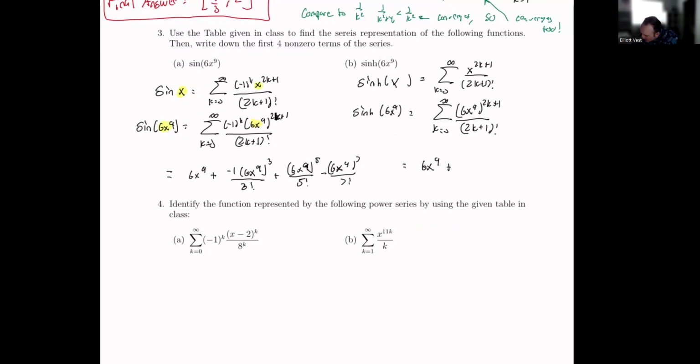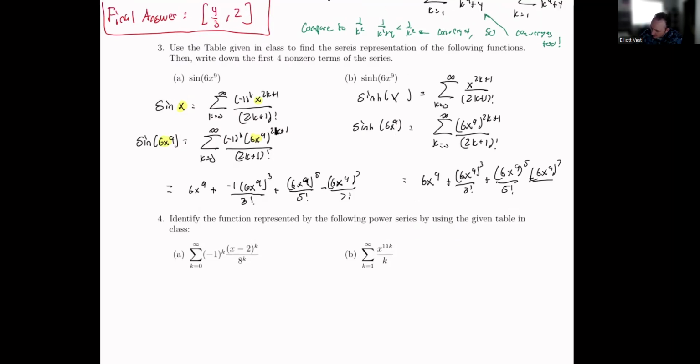Plugging in the cubed power, we have 6x to the ninth cubed over 3 factorial. And then the fifth power over 5 factorial, and the seventh power over 7 factorial. Plus dot dot dot. Those are the first four non-zero terms.